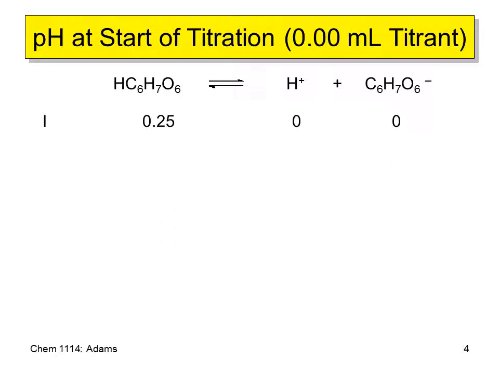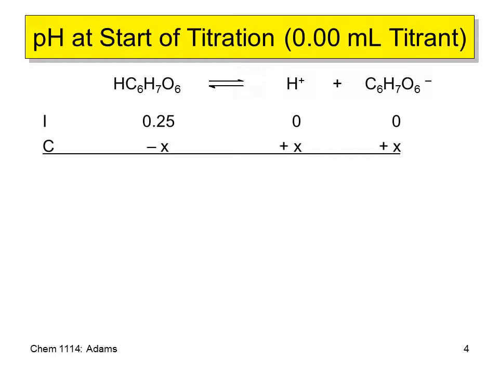The next thing we're going to do is to set up an ice table. So I is our initial concentration of each species in that chemical equation. We're given the initial molar concentration of ascorbic acid, so it's 0.25, and I wrote that down here. And the hydrogen ion and the anion associated with the weak acid are both going to be 0 when we start out.